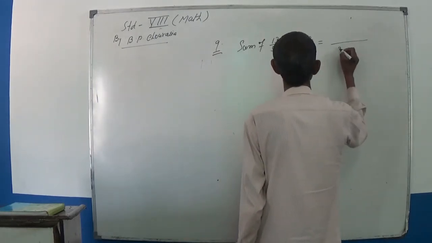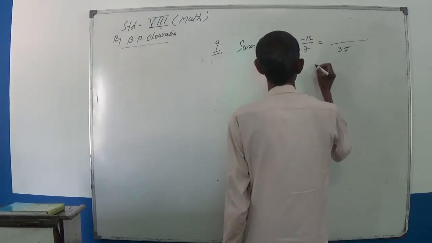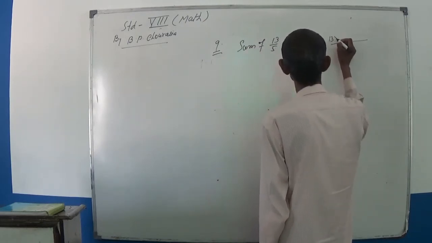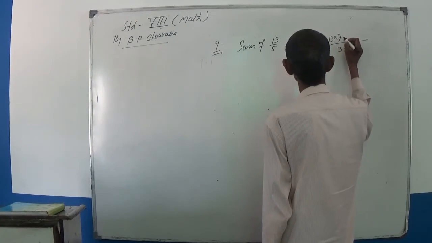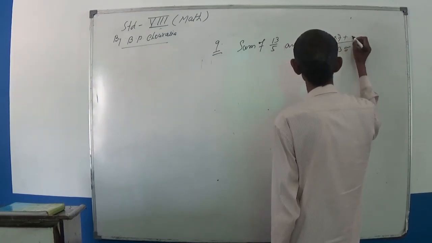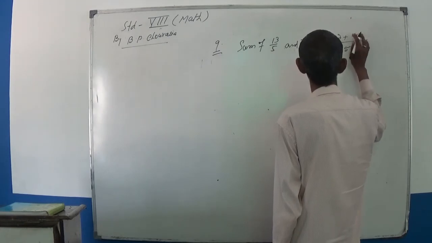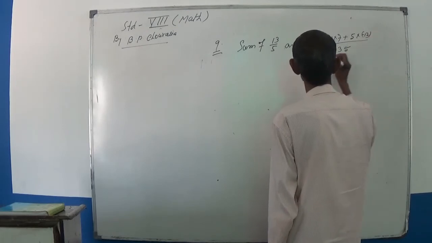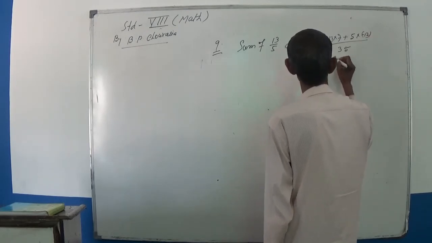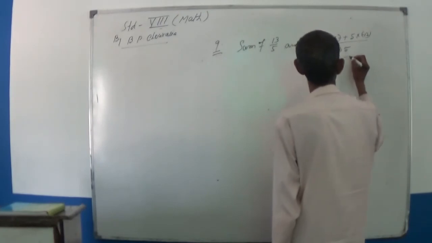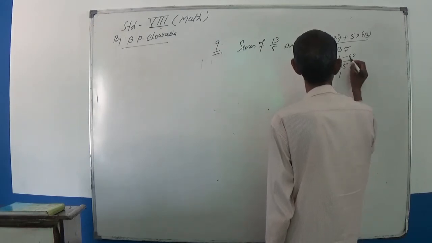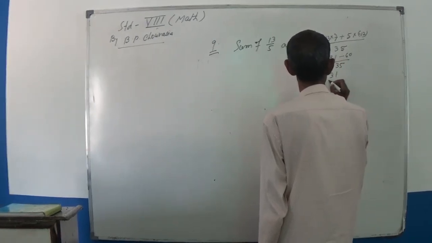LCM is 35. 13 into 7 plus minus 12 into 5 is equal to 91 minus 60 by 35. 91 minus 60 is 31 by 35.